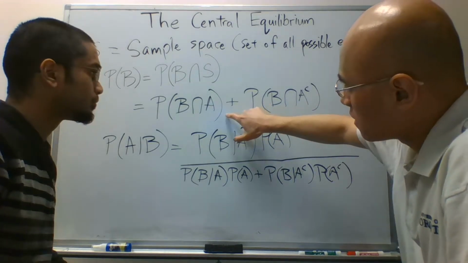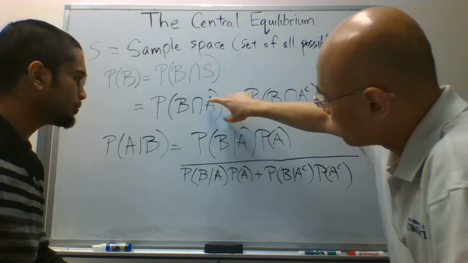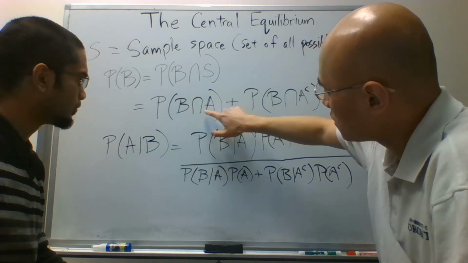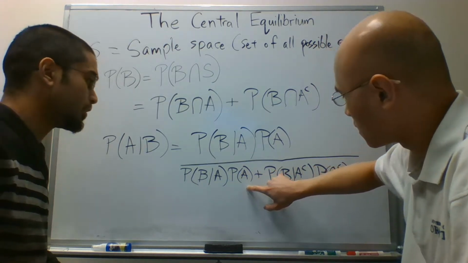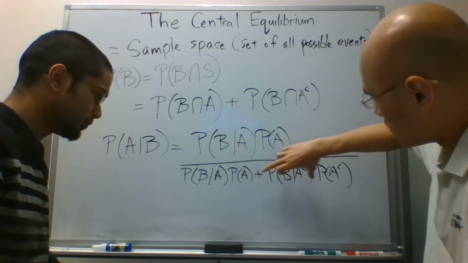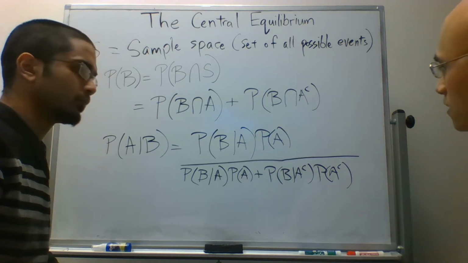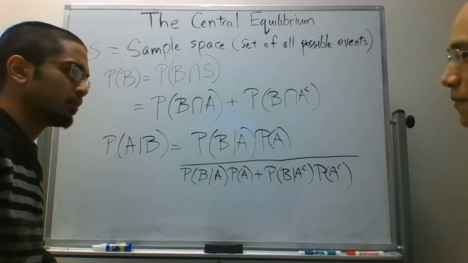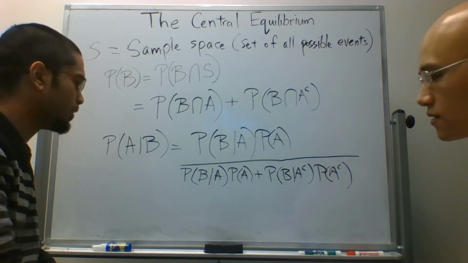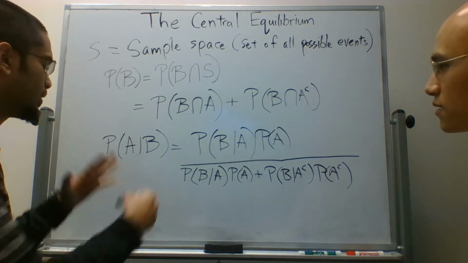And now you've taken it a step further and you've written P of B union A in terms of a conditional probability and a marginal probability, for the two individual terms. Yes. So that's Bayes' theorem right there. And we can finally give it a more general idea.